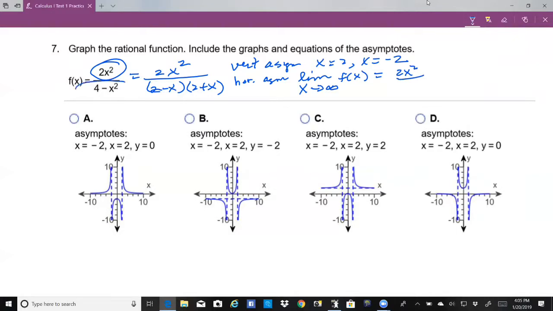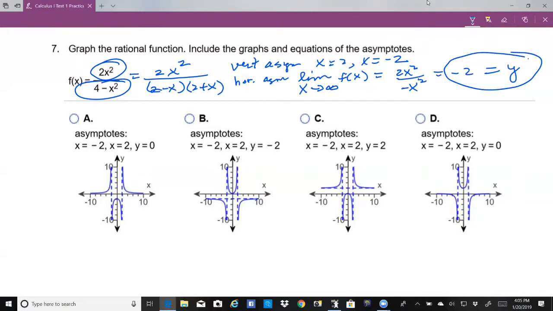And the denominator is dominated by minus x squared. And that equals minus 2. So y equal minus 2 is a horizontal asymptote.